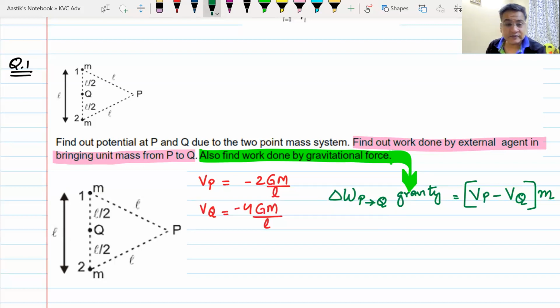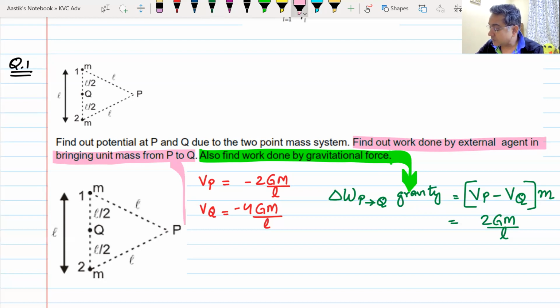You can just subtract them, get the answer and stay happy. So what will be the work done? It will be 2 Gm by L minus Gm by L. Mass is unit, so it is 1 kg.